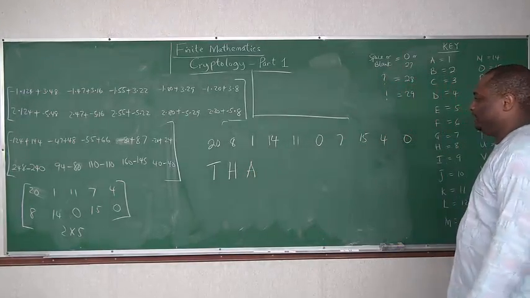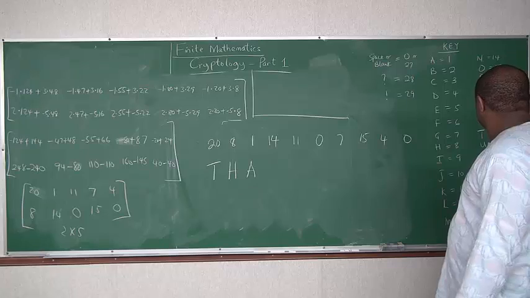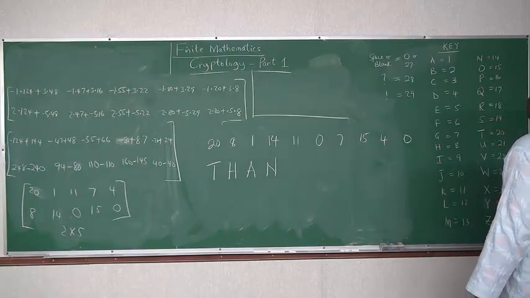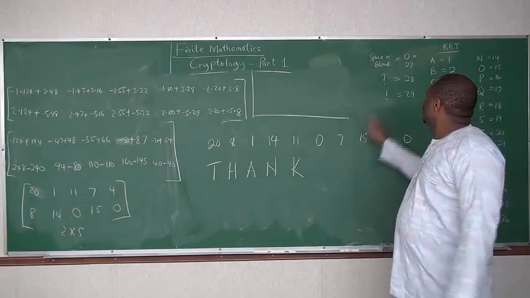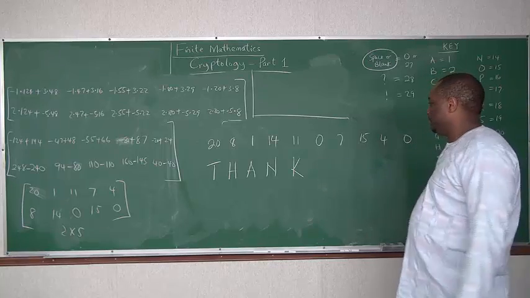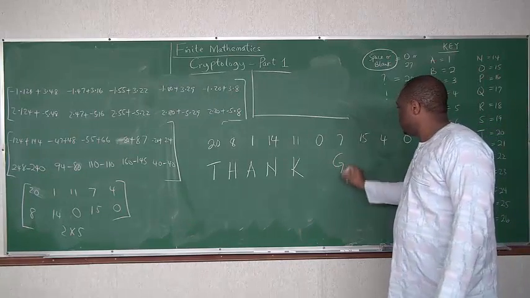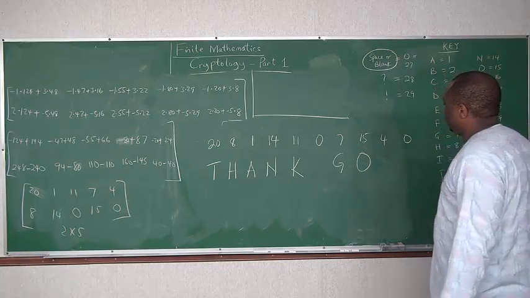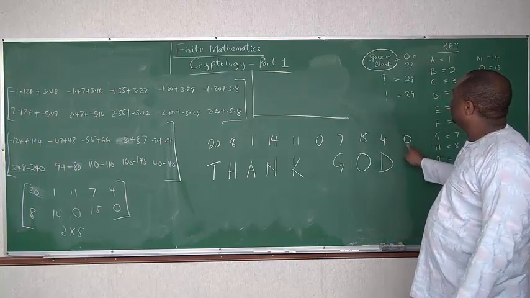I would have used the colored chalk here. 14 is N. 11 is K. 0 is space. So you leave space here. 7 is G. 15 is O. 4 is D.